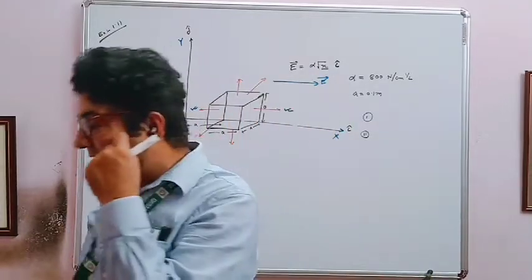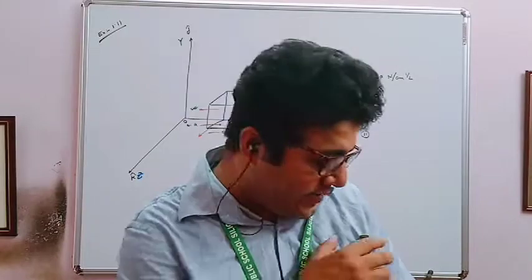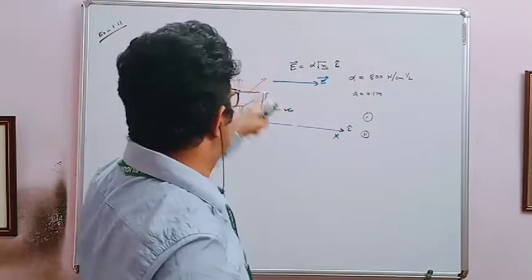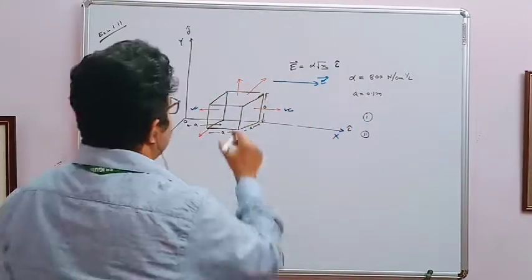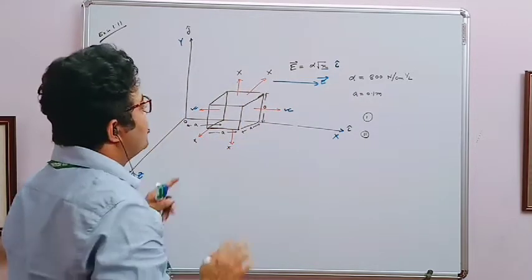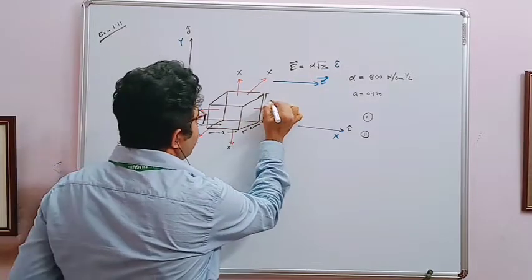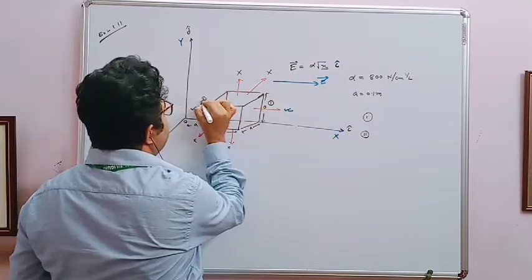And we know, as the electric field and area vector make an angle of 90 degrees, your electric flux is 0. So for these 4 parts, electric flux is 0. So you have only 2 parts, this one and this one. Let this one be the first part and this one the second part.